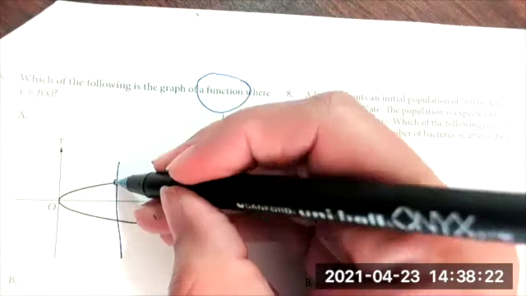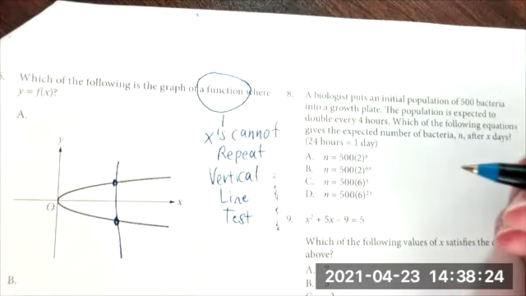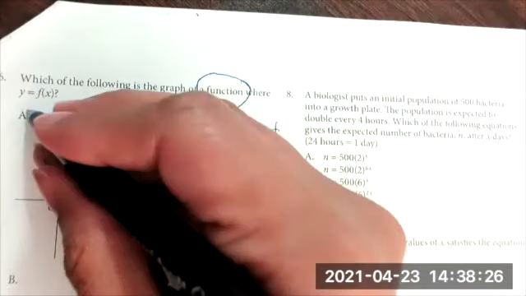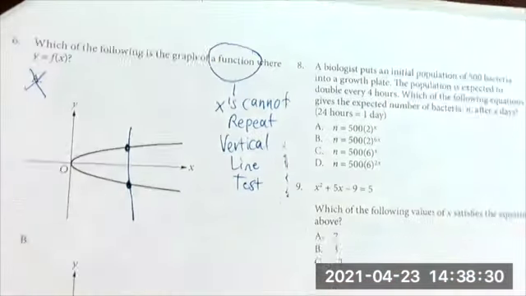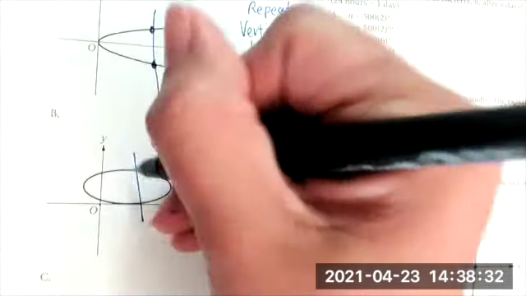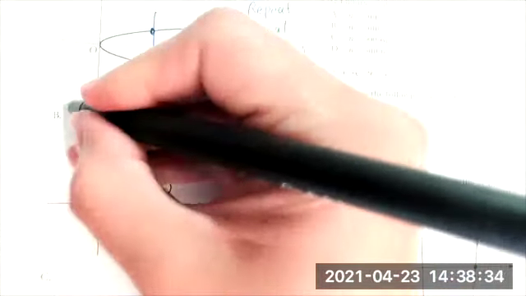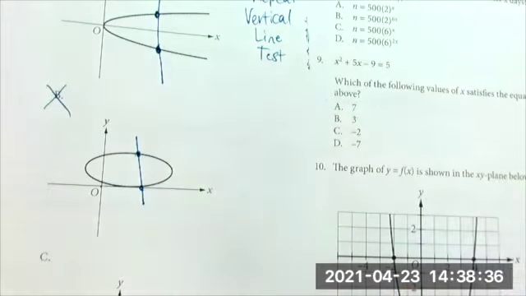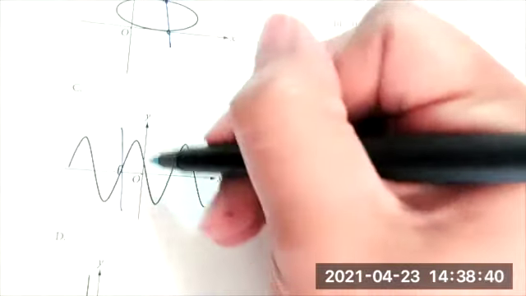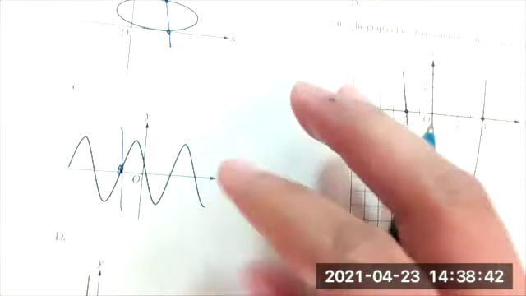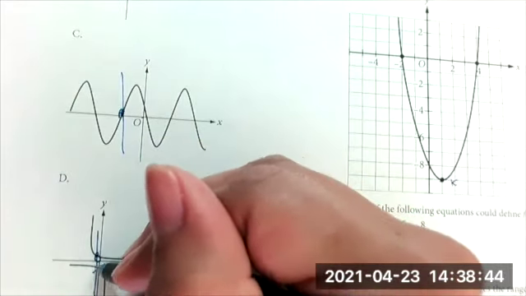So I'm going to do a line here. How many times does it touch? Twice. That one's out. That means that the x's are repeating. Do a line, x's repeat. It can only touch one time. This one, one time. And this one, 2 times.